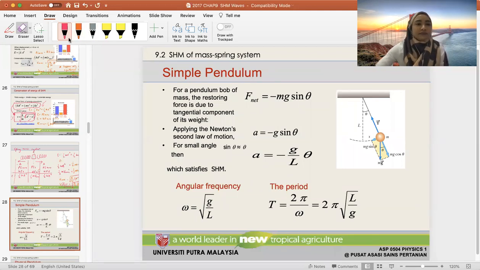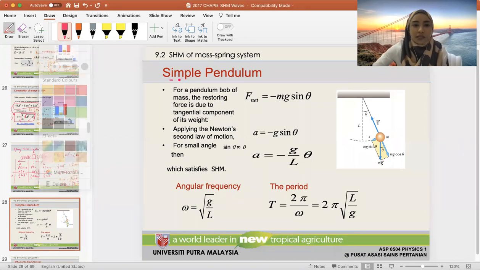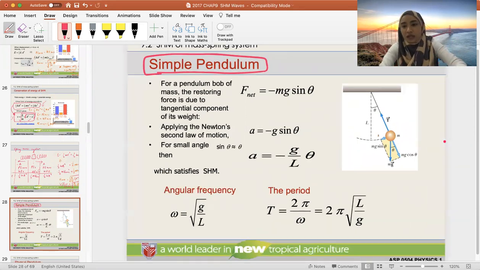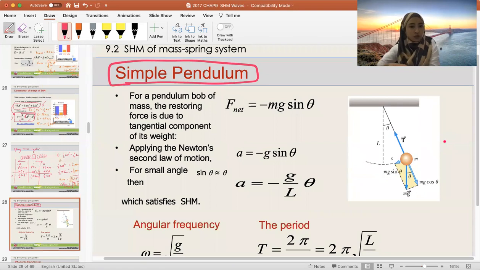Sambung. Okay, so now kita dah habis cakap pasal spring mass system. Now we are talking about the second SHM system, which is a simple pendulum. Simple pendulum, of course, equation dia akan lain sikit. So let's take a look at this guy right here. Now we are doing our free body diagram. We have our center of mass, we have our mg, and then we have our tension because we have a string.